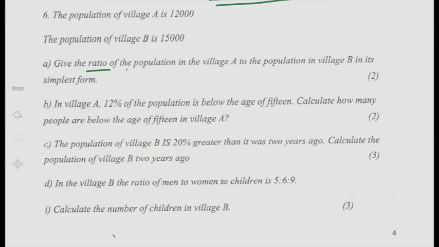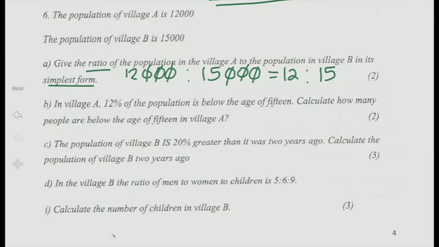So here we have 12,000 is to 15,000. This is the ratio, but in its simplest form. So the zeros here will cancel out, leaving us with 12 is to 15.